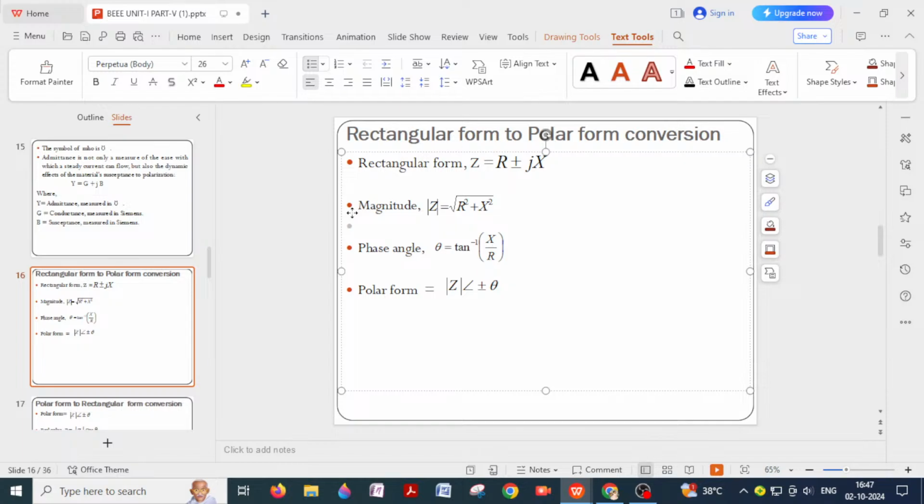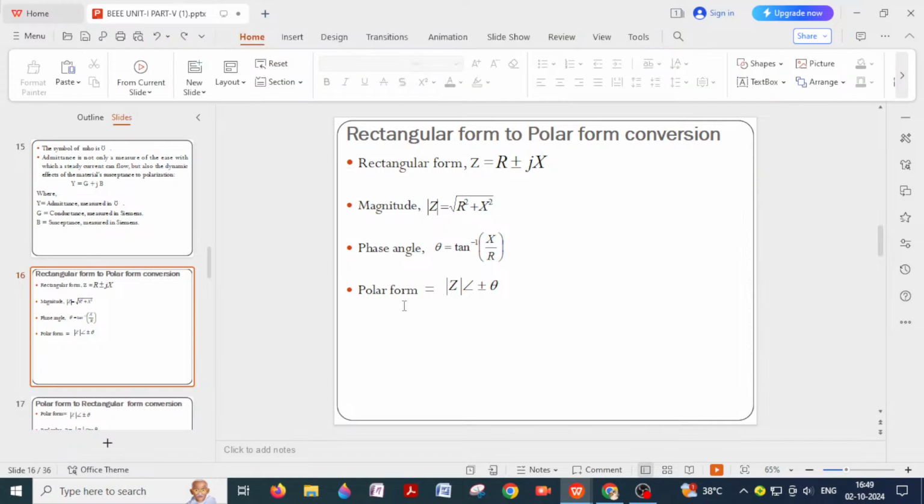These two together form the polar form: magnitude Z at an angle of plus or minus theta. So I have converted rectangular to polar form.